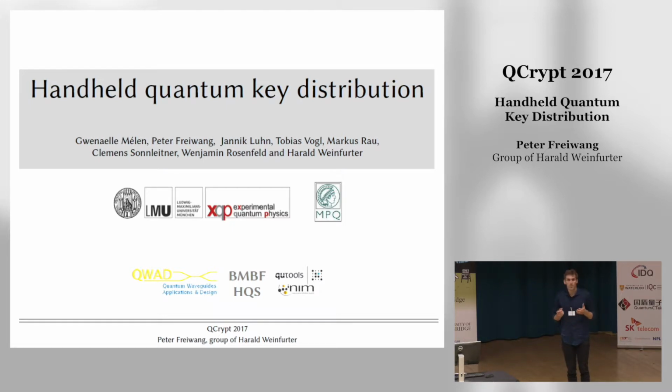This was mainly one goal of this project, and the second goal was to build a tracking receiver, where we can really show a handheld scenario where the user is holding the device in the hand.